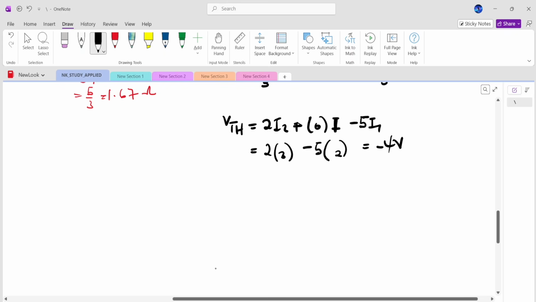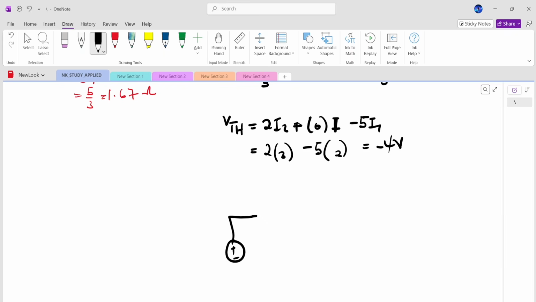So now that we found our VTH, we are saying that we can draw the circuit to be a 4-volt source with a 5 on 3 ohm resistor, right, at the two terminals. That's what Thevenin is saying. If you now want to find the current in the resistor we took out, then we bring it back. The value was 3 ohms, and you want to find this current, right?